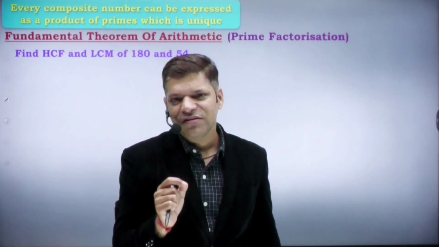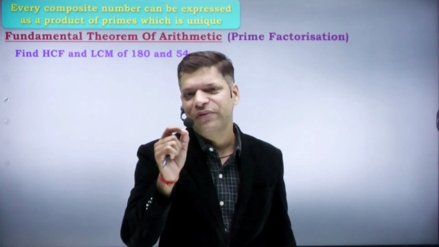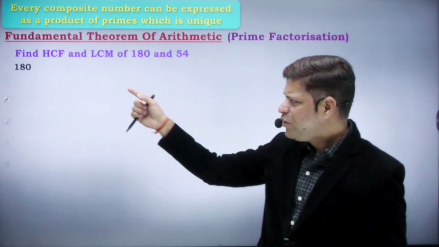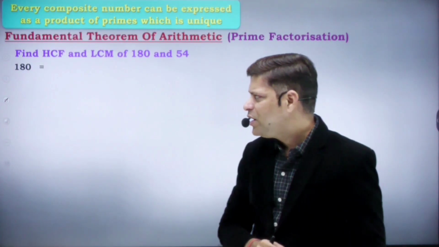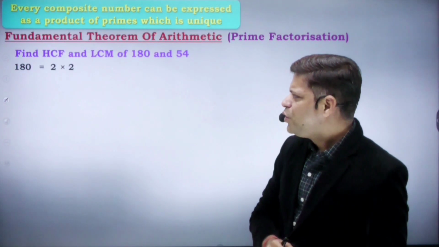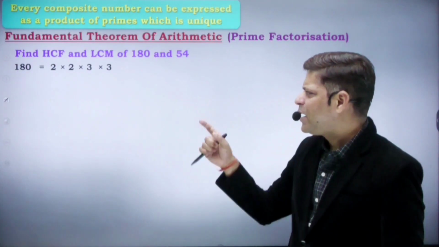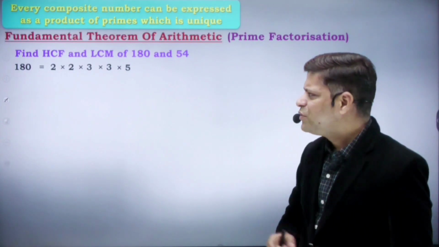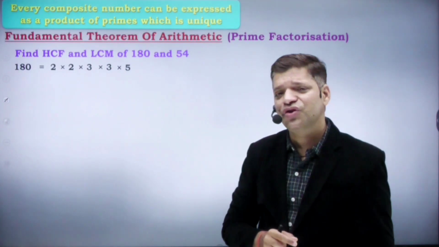First we do their prime factorization. The first number is 180, and its prime factorization is 2 multiplied by 2 multiplied by 3 multiplied by 3 multiplied by 5.